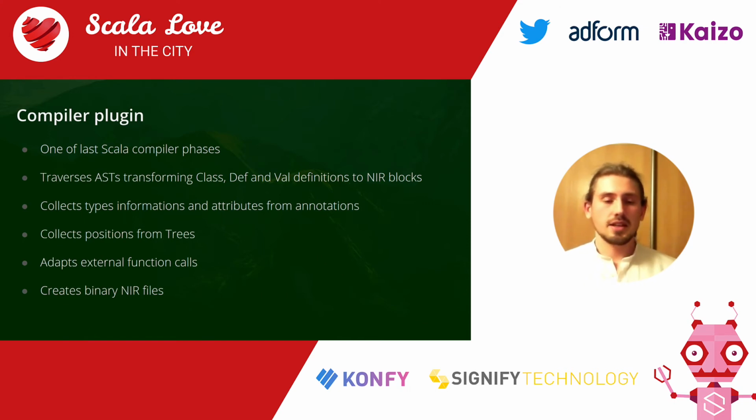At the very end of the compiler plugin pipeline, we are simply creating a binary. We are serializing all these NIR definitions that we've collected at runtime, when traversing these trees, to NIR files, which are quite similar to the class files that are emitted in the JVM phase when emitting bytecode.